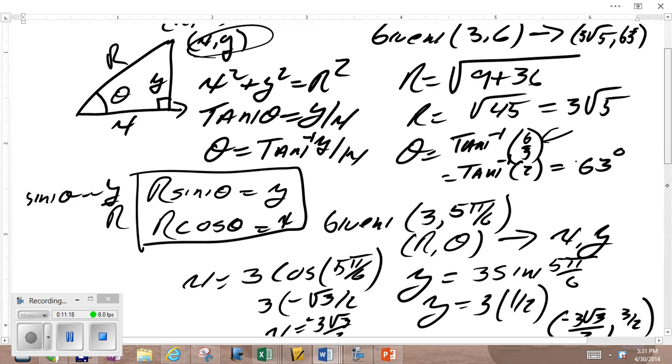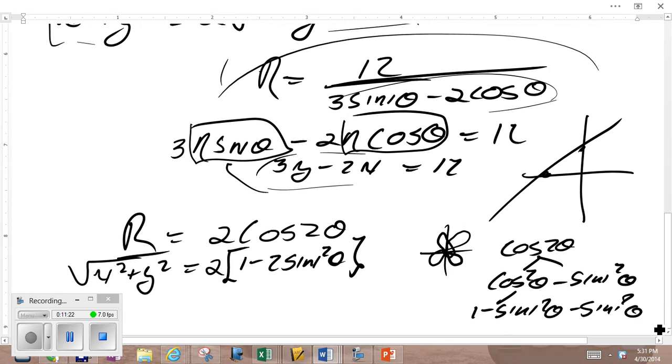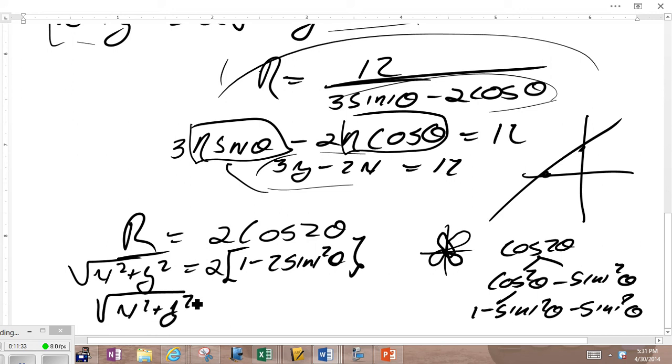So if we come back to our problem at hand, do a little distributing. This is going to come down. x squared plus y squared. We really should account for both positive and negative on that. I'm going to do the distributing. 2 minus 4 sine squared.